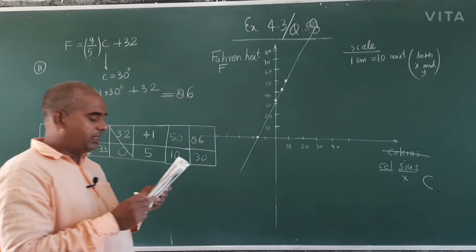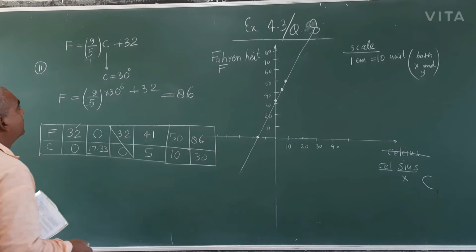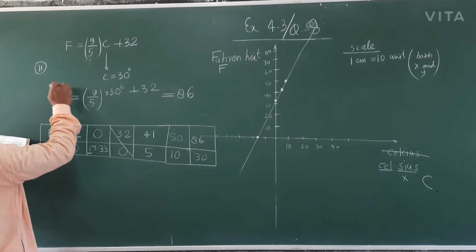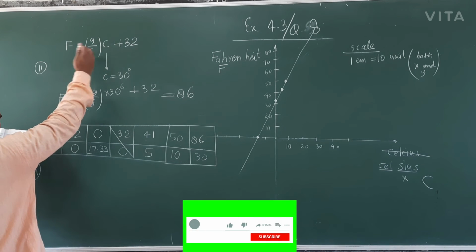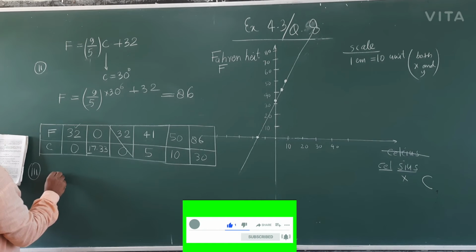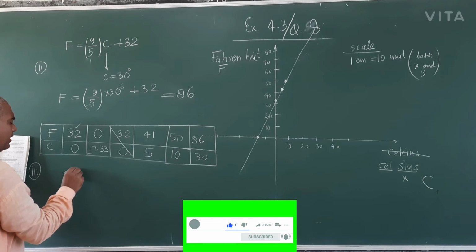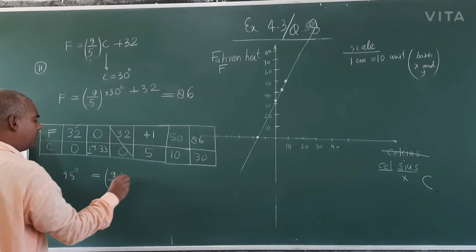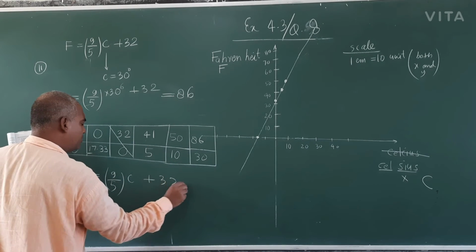Question number 3: if the temperature is 95 degrees. F is given and you have to find C. So write 95 is equal to 9/5 C plus 32.